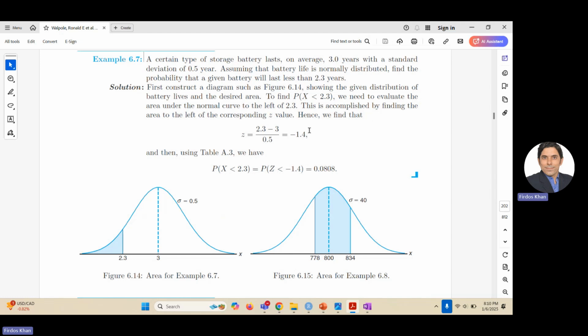So remember that you need to convert the variable first to a standardized variable. This is important. I will do this with my graphic tablet. You should remember the mean is 3, the standard deviation is 0.5, and the value is 2.3.